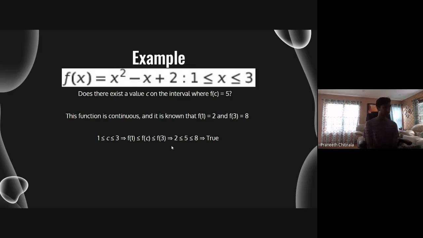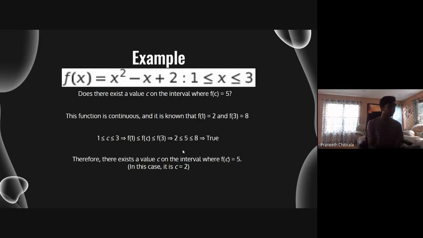Since f of 1 is 2, f of c would be equal to 5 at some point for c, and f of 3 equals 8. And that's a true statement. That means that there exists a value c on this interval, where x is between 1 and 3, where f of c must equal 5. And in this case, it's c equals 2. So you can just plug in 2 for x, and you get 5.